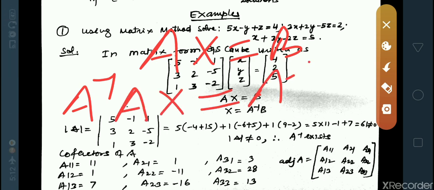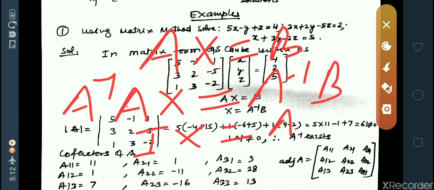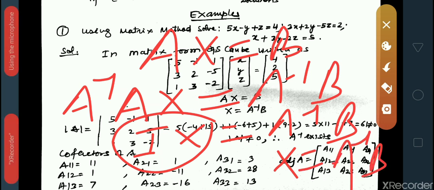Okay, now A inverse A is I, so IX is equal to A inverse B. Now you know that IX will be X, so X is equal to A inverse B. So this is your solution.